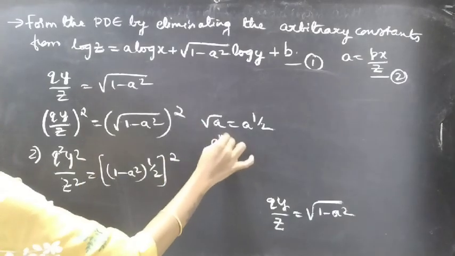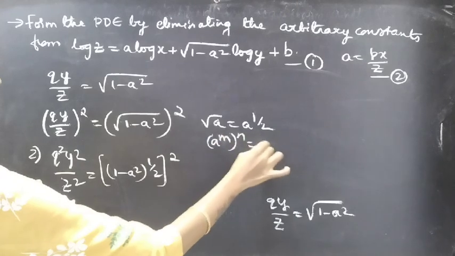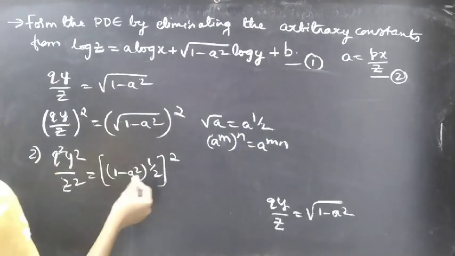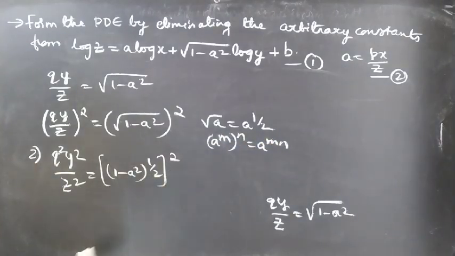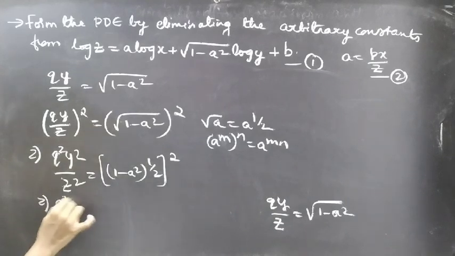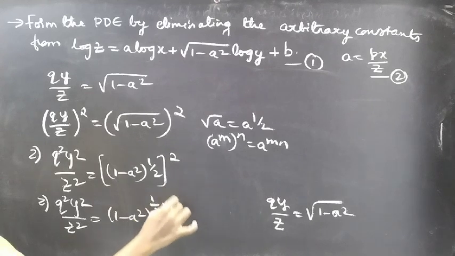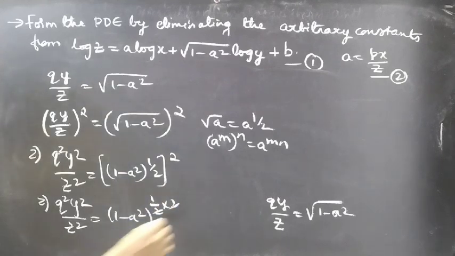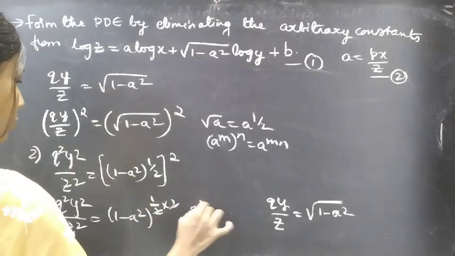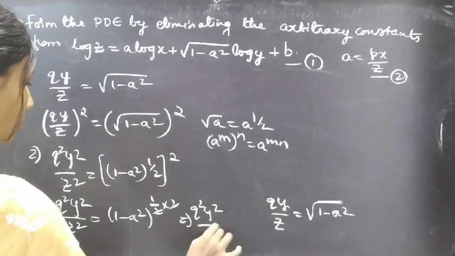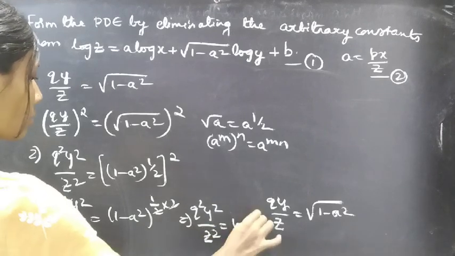We know that (a power m) whole power n equals a power m into n, so we can write this as (1 minus a square) power 1 by 2 into 2, where the 2 gets cancelled, and this gives us q square y square by z square equal to 1 minus a square.